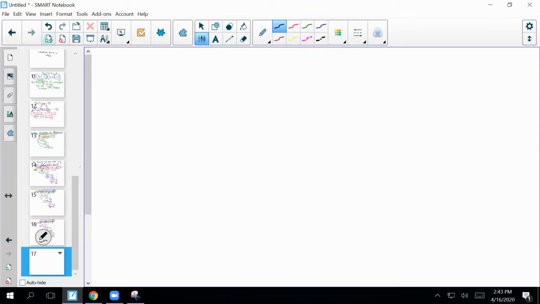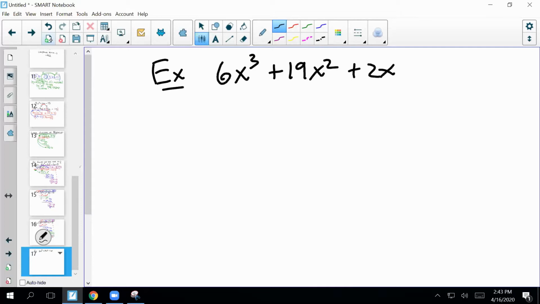Here is the thing I want to factor. So it is 2x. Wait, no, sorry. I hope this one works. 6x cubed plus 19x squared plus 2x minus 3.